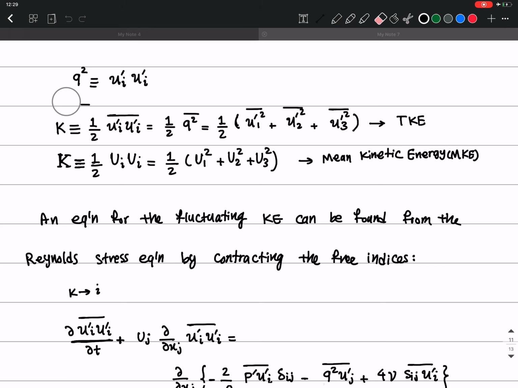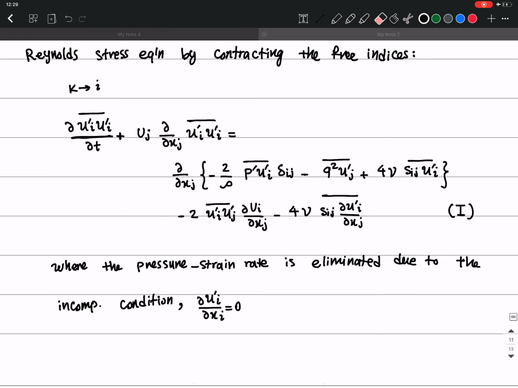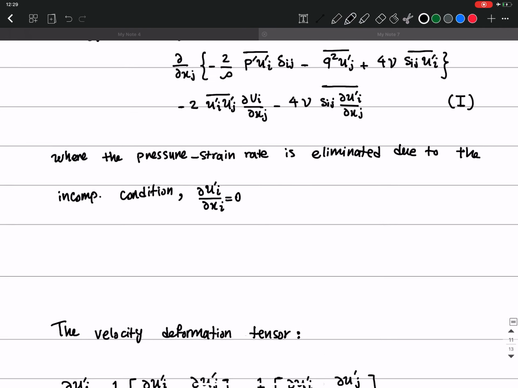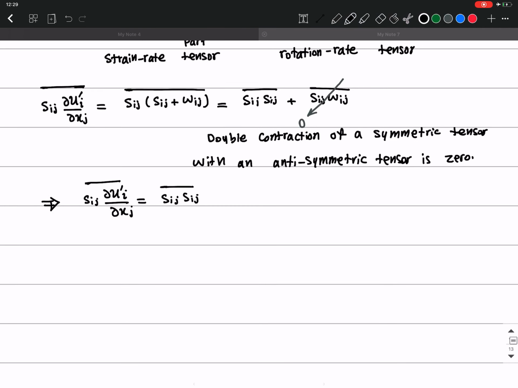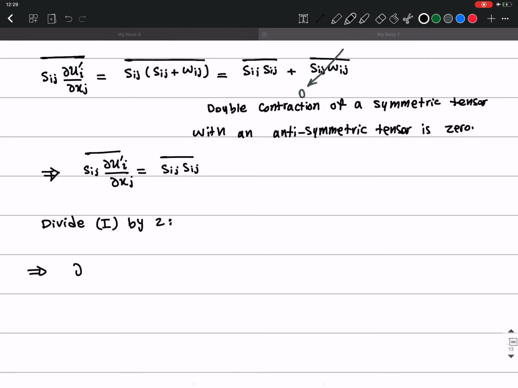So we need to divide this equation by 2 to get what we wanted. So divide by 2, and we are going to get this equation for turbulent kinetic energy.